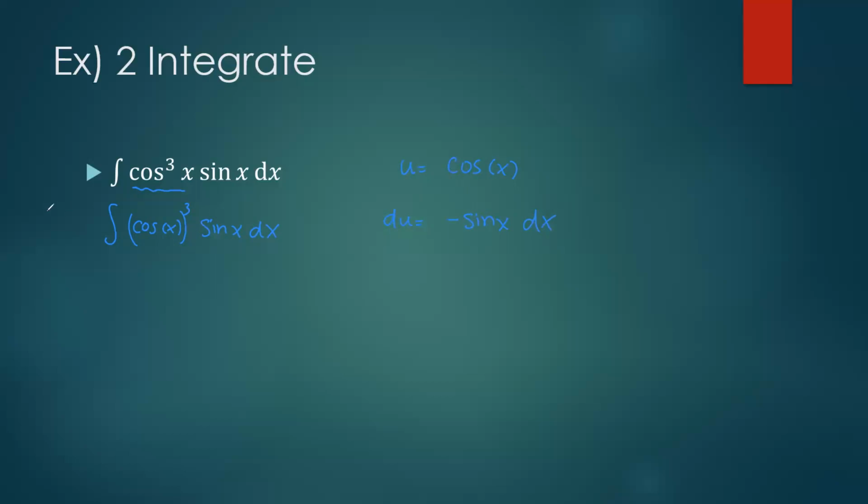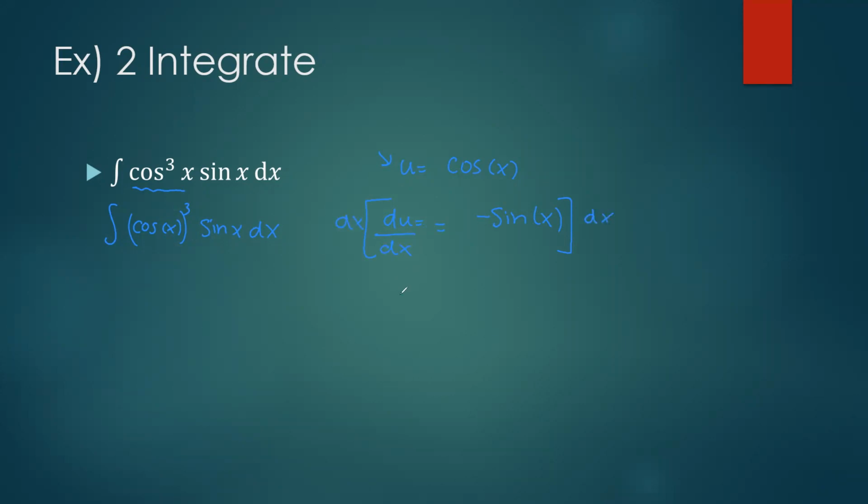Okay, so you're probably thinking, how did this dx come to the right? Well, I did one extra step. On the left side, what is the derivative of u with respect to x? It's du/dx, right? And on the right, what's the derivative of cosine? It would be negative sine x. Then I got rid of this dx by multiplying by dx.